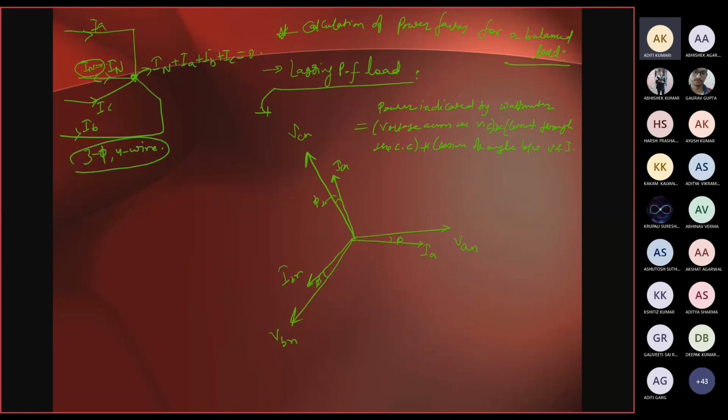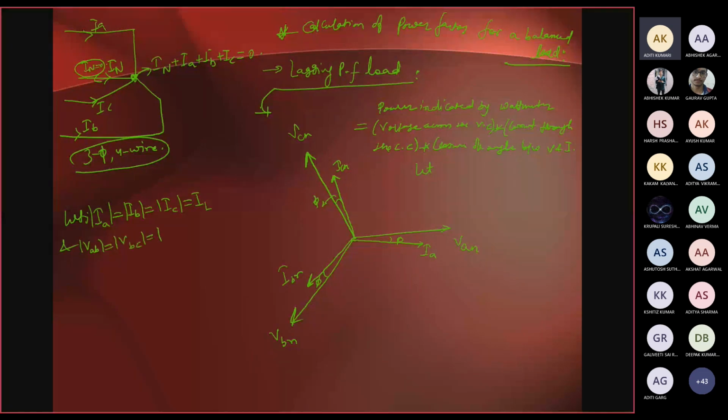So now let us consider for this system, the system is balanced, that is IA is equal to IB is equal to IC. So the phase currents will be equal to the line current, and the line voltages here, you have VAB, VBC, VCA, all equal to VL.